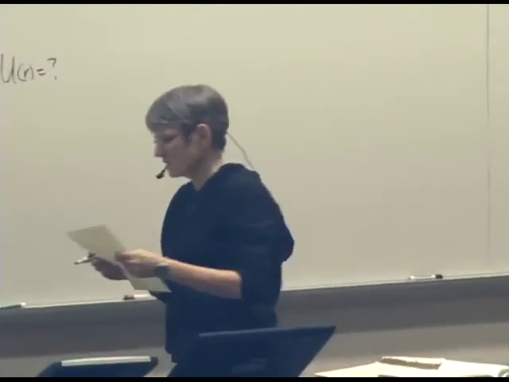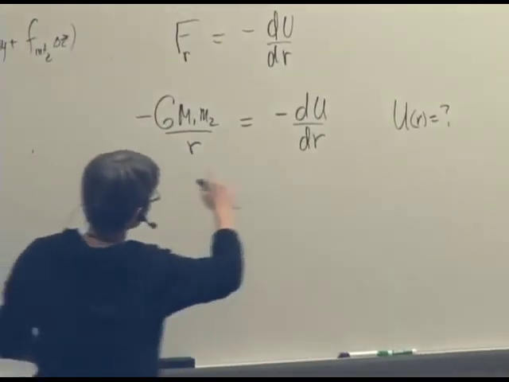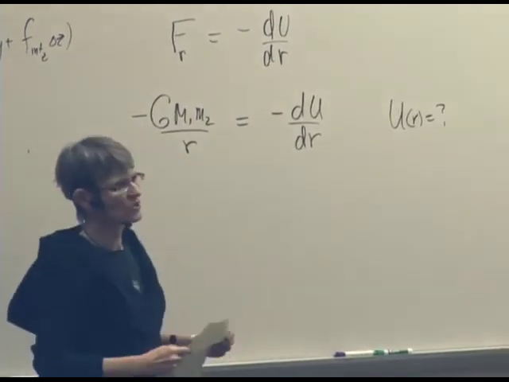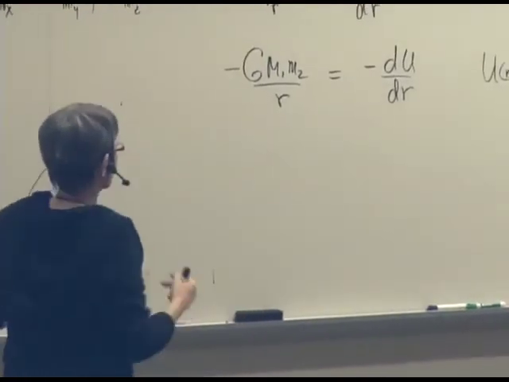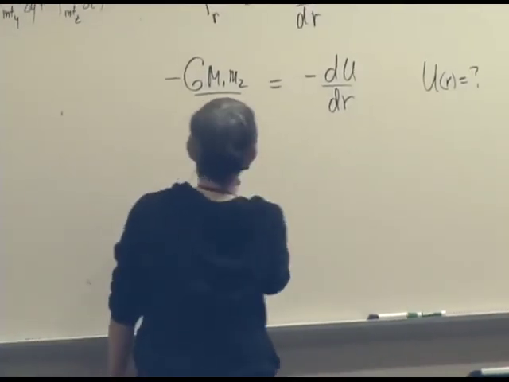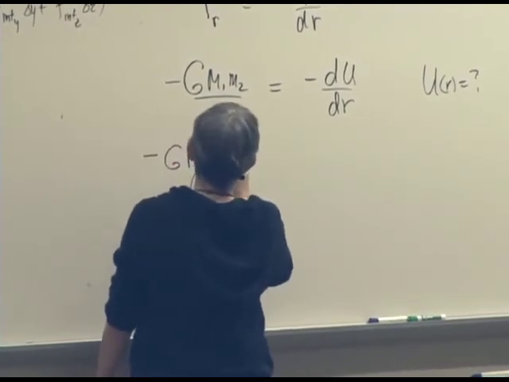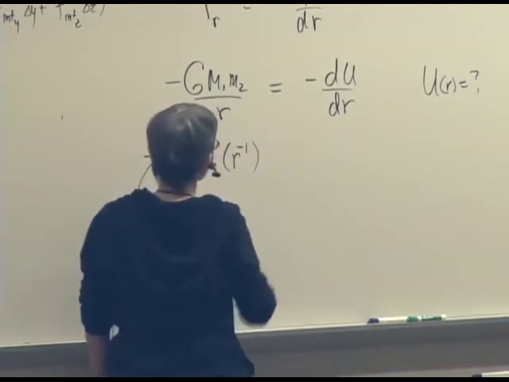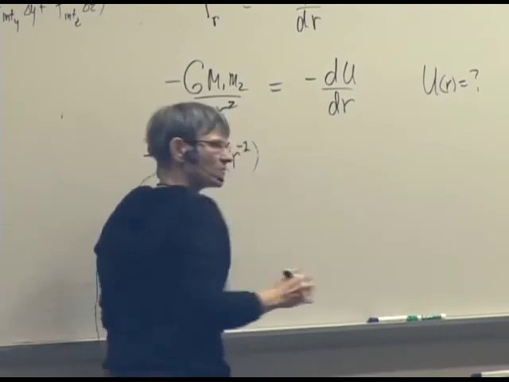So let's see how we do this. If minus dU/dr gives us this, what's U as a function of r? It may help to rewrite this as minus G M1 M2 times r to the minus 1. Oops, sorry, r squared, r to the minus 2. Where did you catch that?